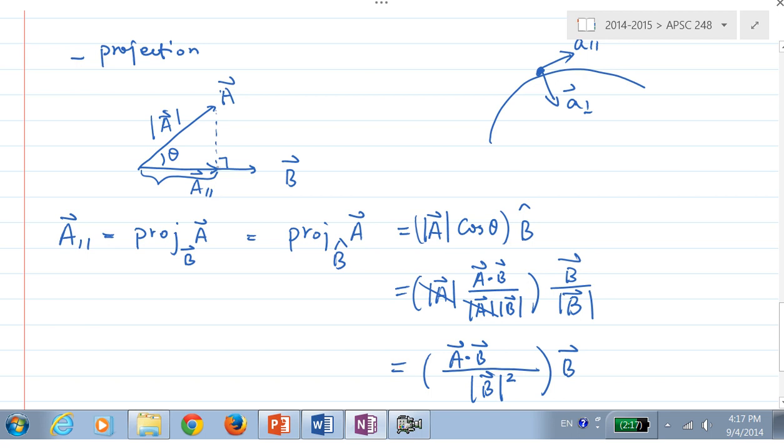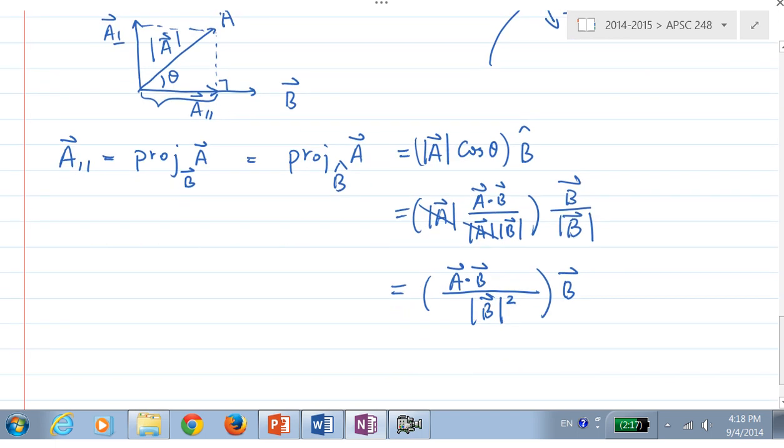Now the next question: I said I want to find not just the projection, I probably also need the components. So what will be the component of the A vector in the direction perpendicular to this A parallel? Let's call that A perpendicular. That's something else we need to find out. You can make use of what you just found.